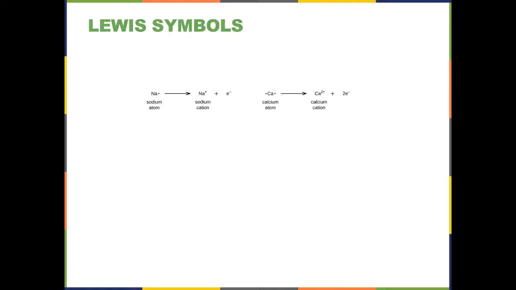And then the sodium cation is represented as a sodium with a plus sign. And the Lewis symbol for a calcium atom is the symbol for calcium, Ca, with two dots, because there are two valence electrons for calcium. And then the calcium cation loses both its electrons, so it's shown as a Ca2+ with no electrons shown.